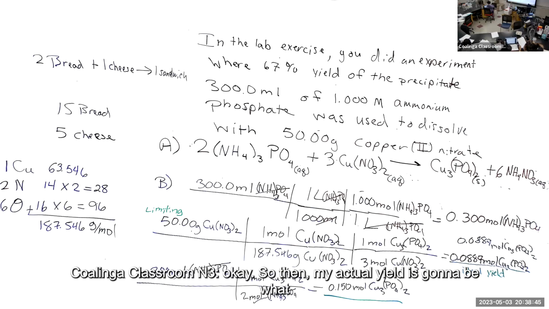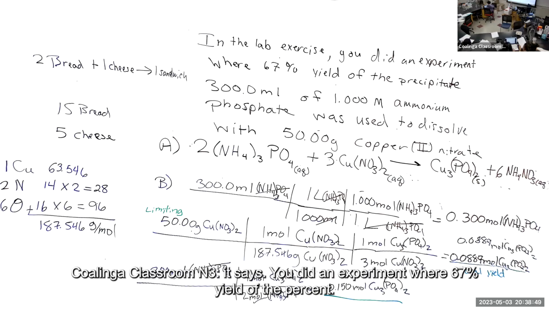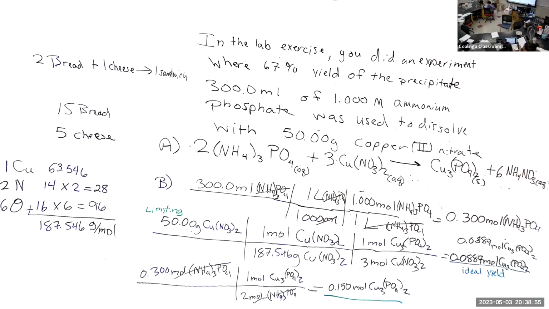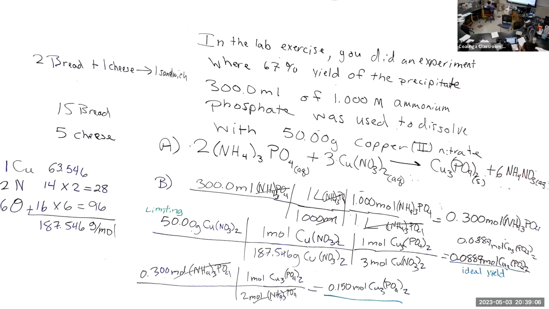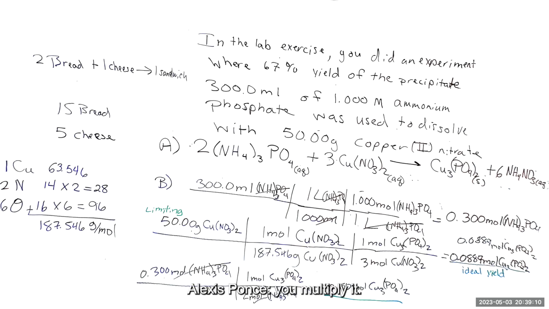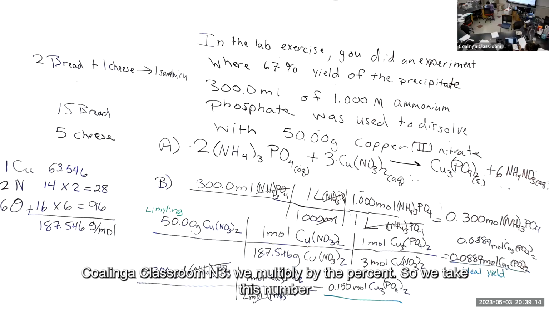Okay, so then my actual yield is going to be what? It says you did an experiment with a 67% yield of the precipitate. So what do I need to do to this number to get the actual yield? Do we divide it by itself? You multiply it by the percentage.